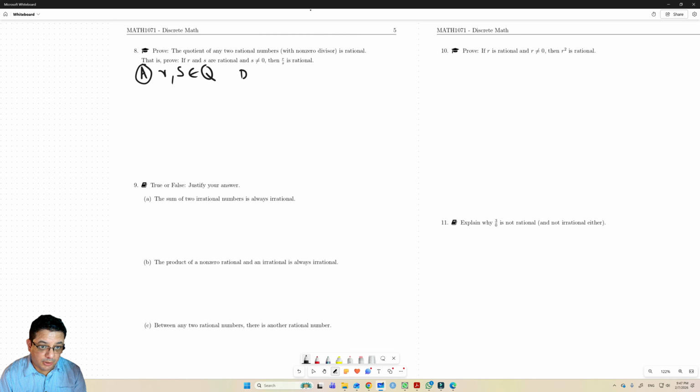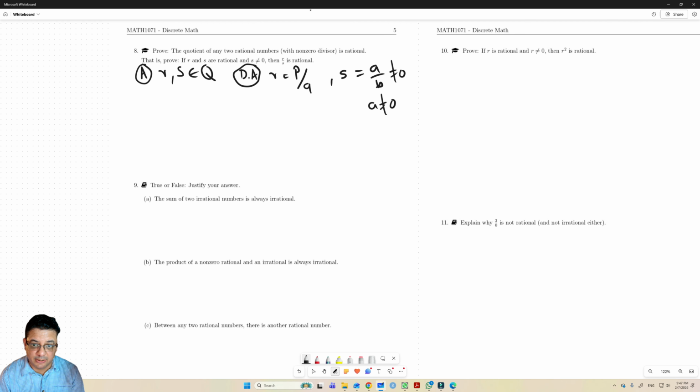So R and S are going to be rational numbers. The definition of that assumption, step number 2, will be that R will be represented of the form P over Q and S, I don't know, A over B. And because they're non-zero, and in particular S is not zero, then we're going to have that A is not zero.